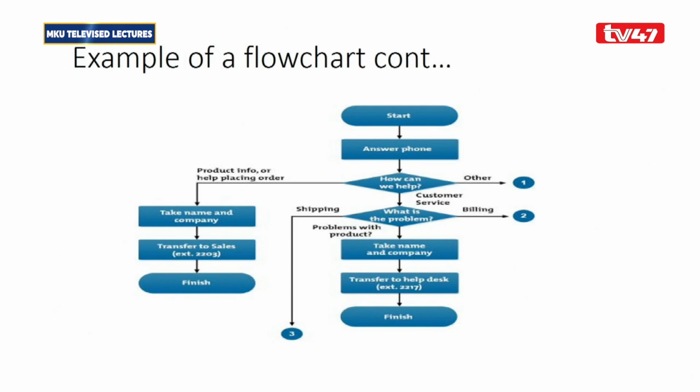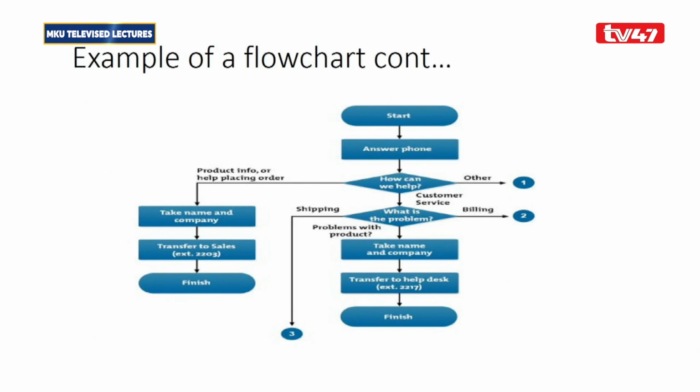Then we have a decision being made there. That's why we have the decision symbol. And the decision symbol is basically a query where we are asking our customer what help they need. How can they be helped or assisted? Now, in this case, the first scenario can be that the customer wants some kind of information or some kind of service.